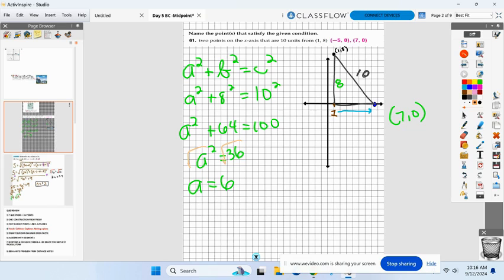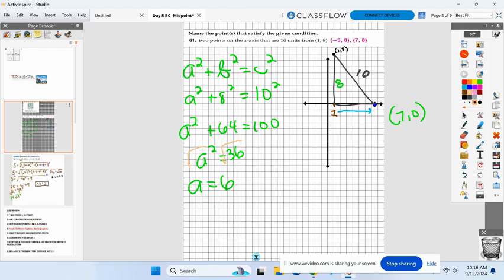Or there were 2 points actually, because did I just have to go to the right? Where else could I have gone and still been 10 units away? I could have gone to the left. So I'm at 1, and now I go, be careful now, 6 units to the left. Where am I on the x-axis now? -5.